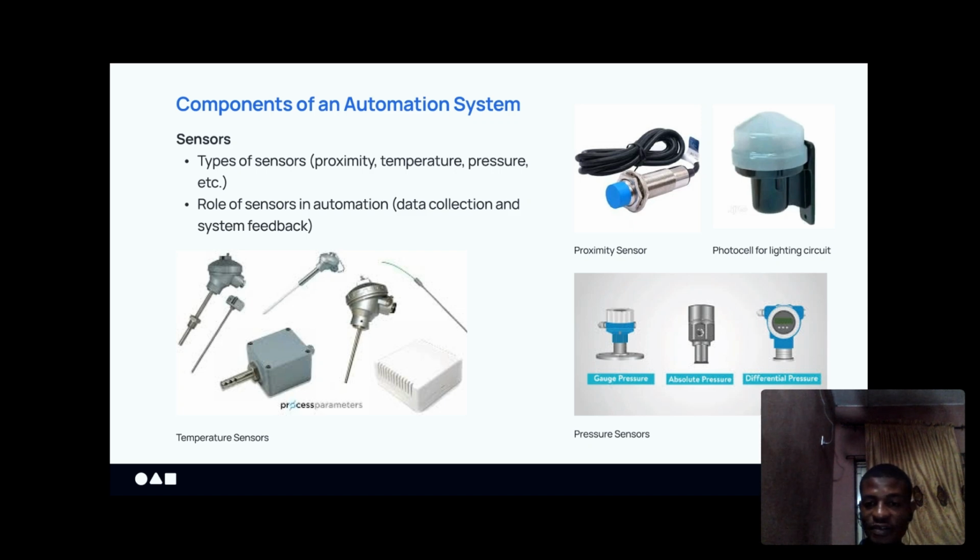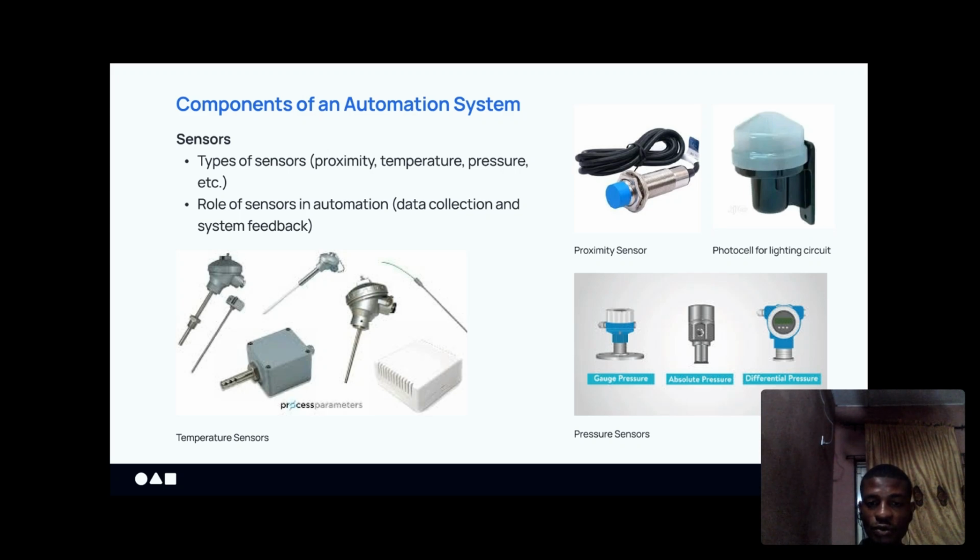The capacitive is used to sense non-metallic objects that have high permittivity value, or that are capacitive in nature.